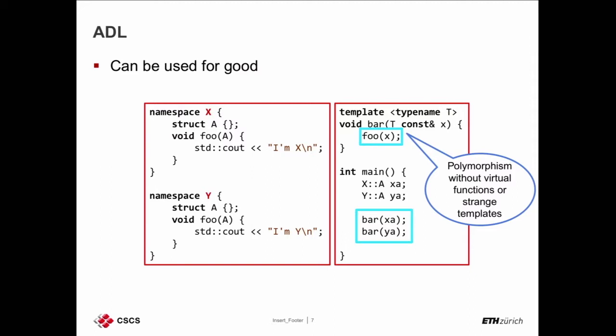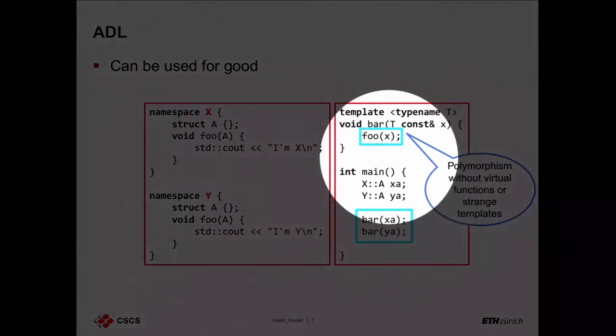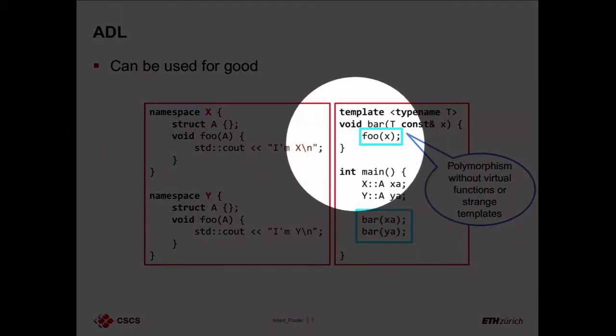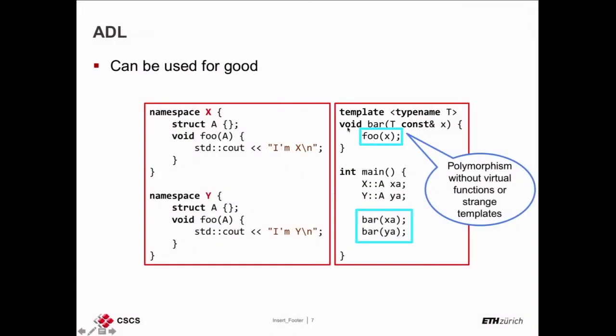Yes, but you can easily ruin this behavior if, in the definition of bar, you qualify foo, for example, with the namespace. Then the compiler will complain for one of the two cases.